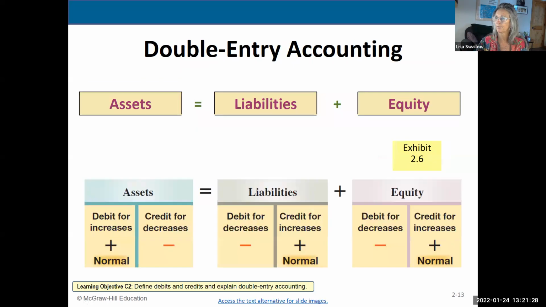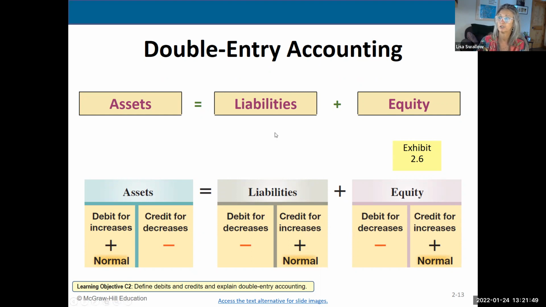It's a tool, okay? What you have to learn is that each account is always a debit on the left, always a credit on the right, but each type of account has a different normal balance. There's only two choices. There can be a debit type account or a credit type account.